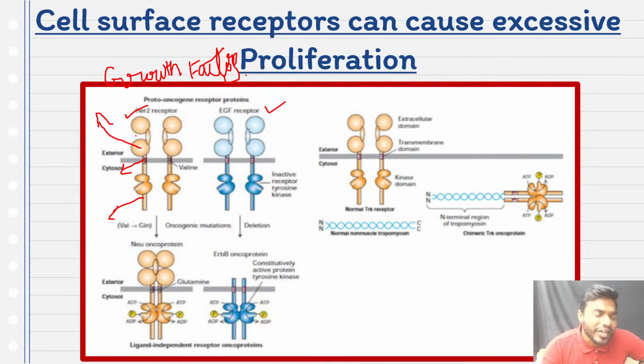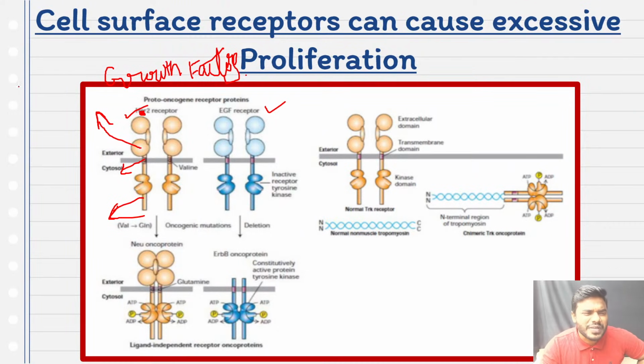What is its function? Everyone listen. What is the extracellular domain function? Associating with the ligand. What is the function of a transmembrane domain? Spanning the plasma membrane. And the intracellular domain, which is having intrinsic kinase activity.